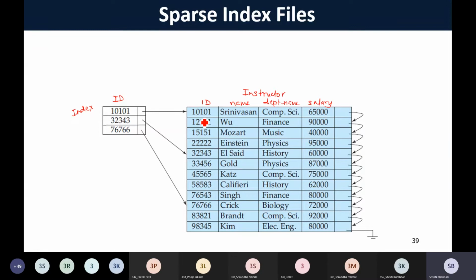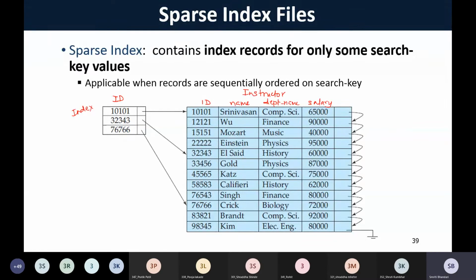See here how many different values I have for my search key ID. But in a sparse index, every search key value is not included. Rather, very few search key values are included to create an index. So a sparse index contains index records for only some of the search key values.